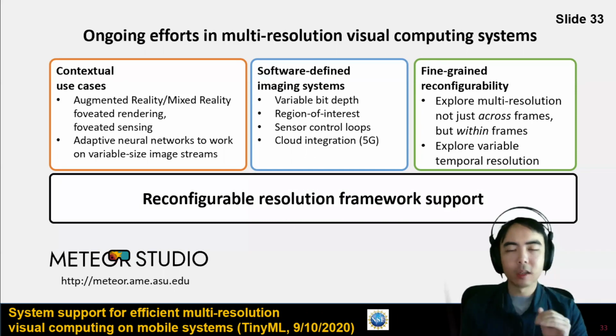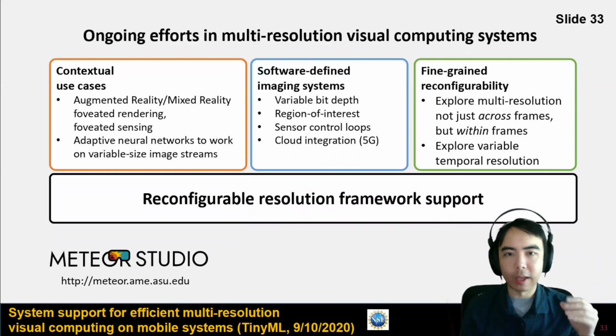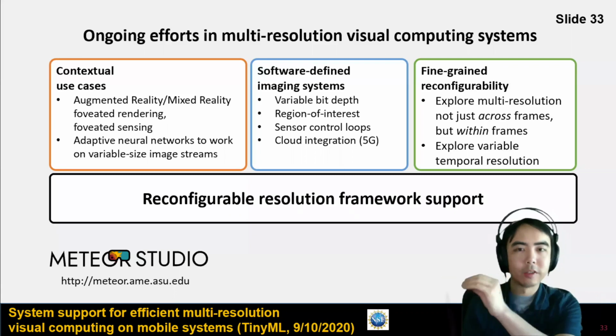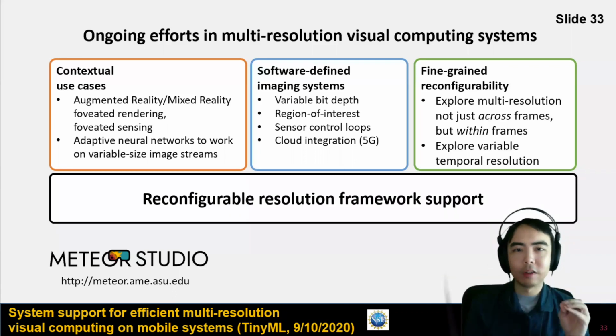But that's an excellent point, that we should be investigating this from the system support side of things as well, because if you wait to do this on the visual computing side of things all the way at the algorithm level, then it's too late, because your sensed pixels have already entered your DRAM.